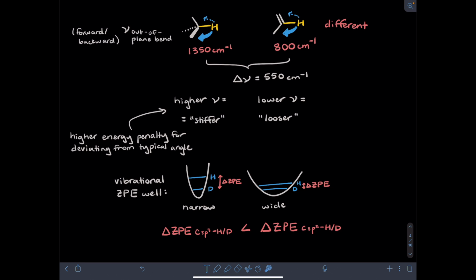What this means is that as you deviate this bond angle slightly, your energy shoots up rapidly in your energy well. In contrast, this sp2 hybridized carbon is trigonal planar, and as you bend the CH bond either out of the page or into the page, it doesn't clash with any groups attached to the sp2 hybridized carbon because the sp2 hybridized carbon is planar.